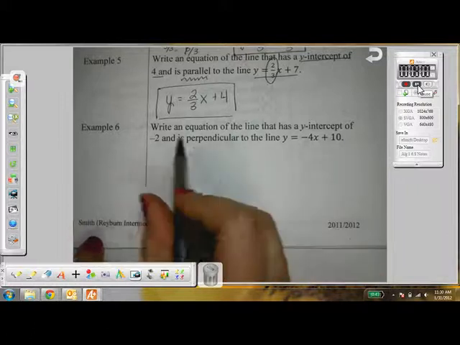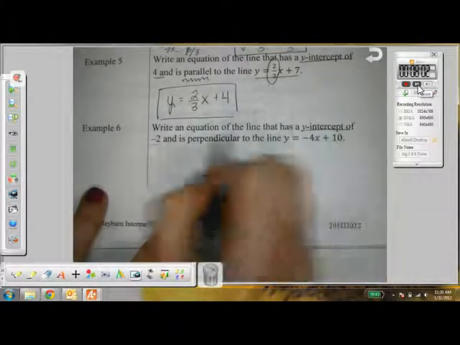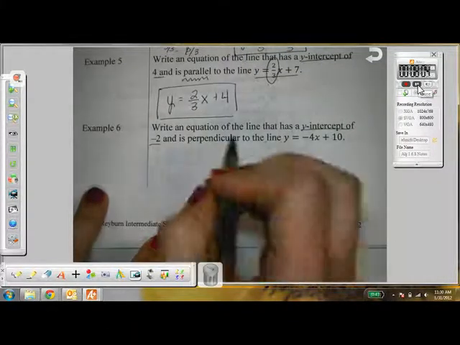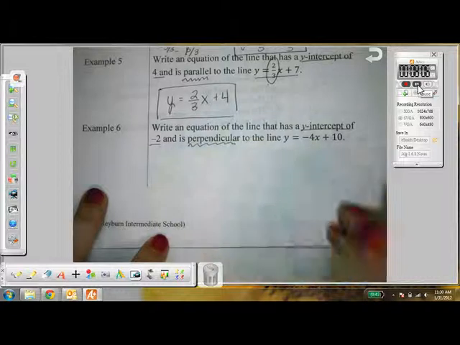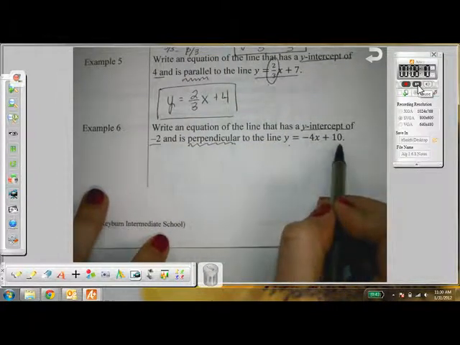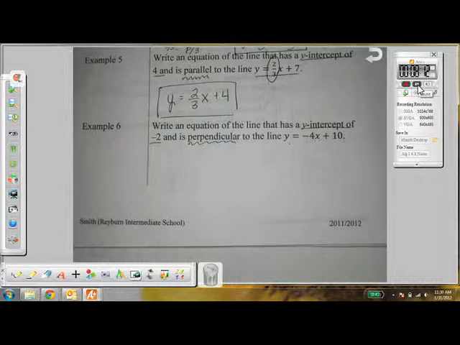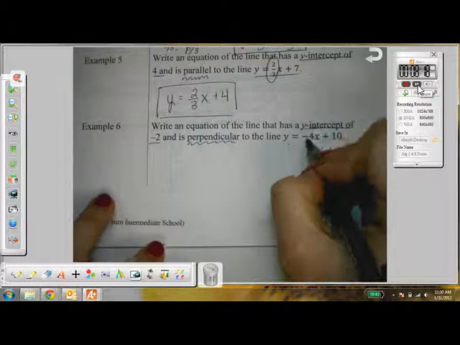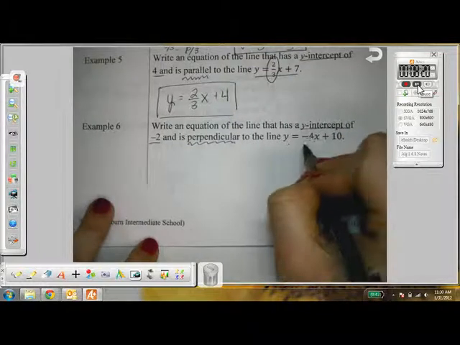Write an equation of the line that has a y-intercept of negative 2 and is perpendicular to the line y equals negative 4x plus 10. What do we know about lines that are perpendicular? The slopes are opposite reciprocals. So this slope is what? Negative 4.